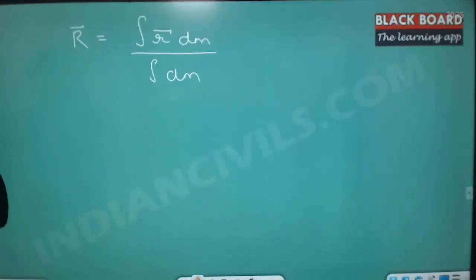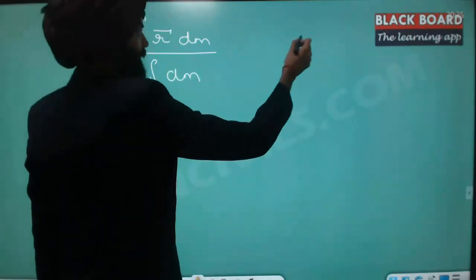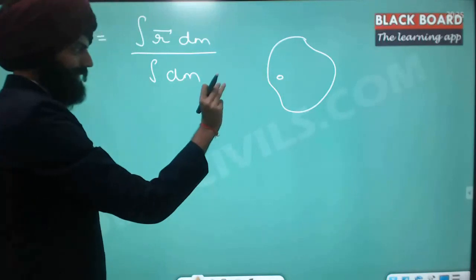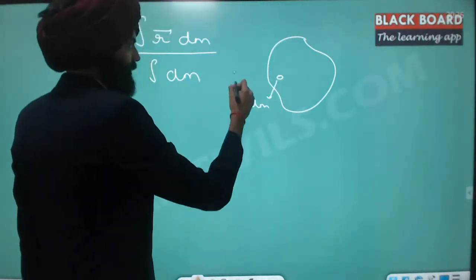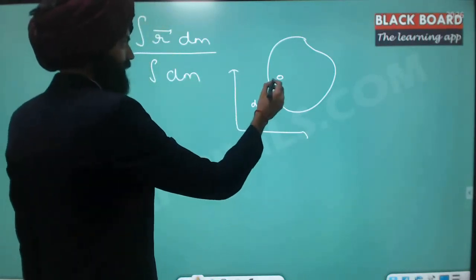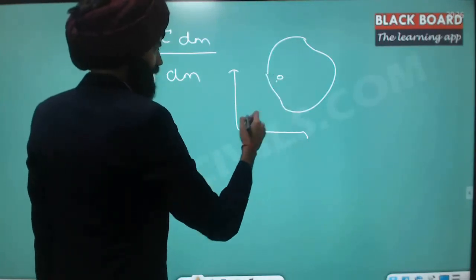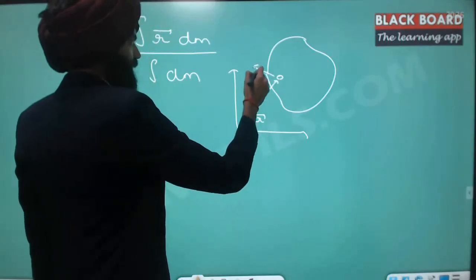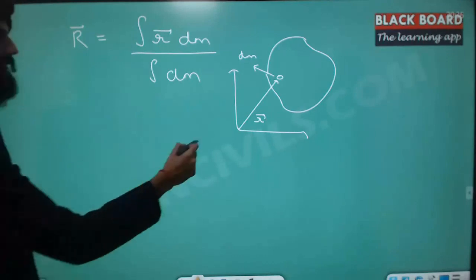Here also the mass of one particle, that is dm, because if there is an extended body, we take a very small area, practically very small area, and that will have dm mass. So what we do is integral of, and r is the coordinates of that, so this is r, and this is dm. And what we do is we integrate over the whole body.